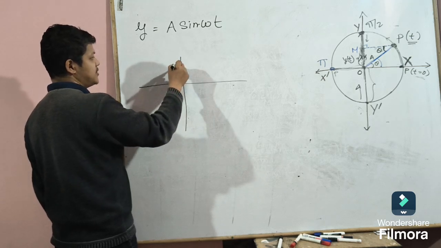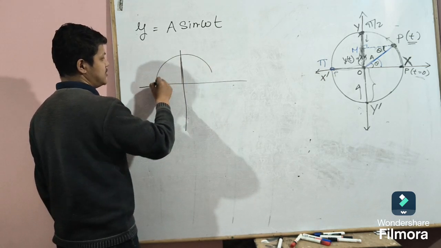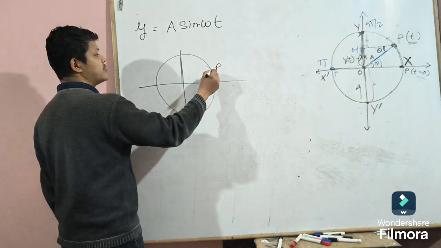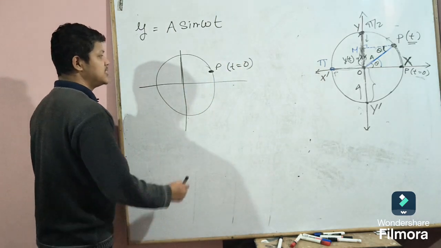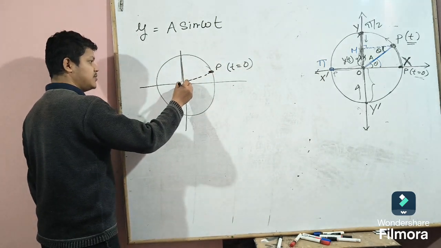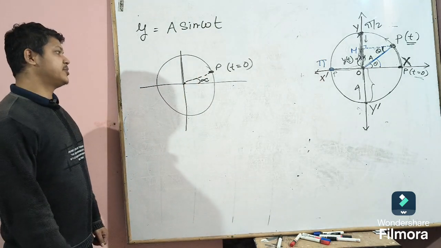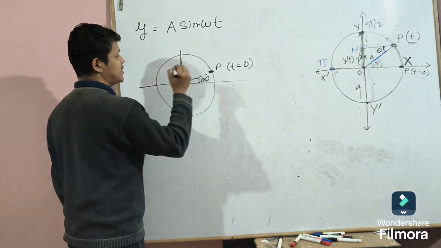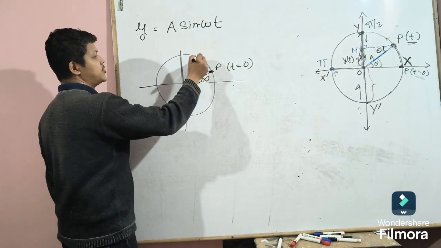Now let me take this situation. This is the circular path. Suppose this particle P starts moving from this position when t is equal to 0. When t is equal to 0, this angle is suppose alpha. Now after time t seconds, it reaches this position.